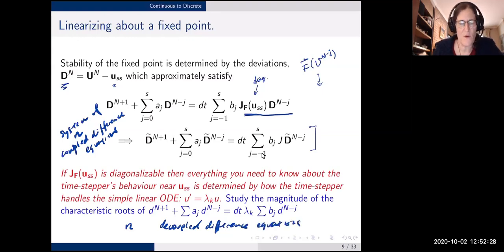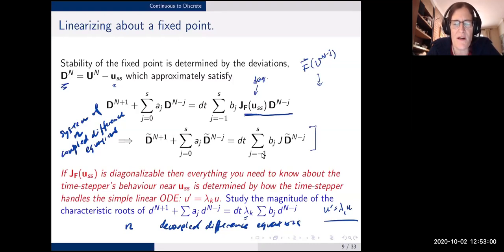And each difference equation is going to have an eigenvalue, but all I need to do is understand how the time stepper behaves on this ODE. When you learn numerical analysis, the time steppers are always built and tested on this ODE. It was never clear to me when I was a student why this is the only ODE we ever care about.